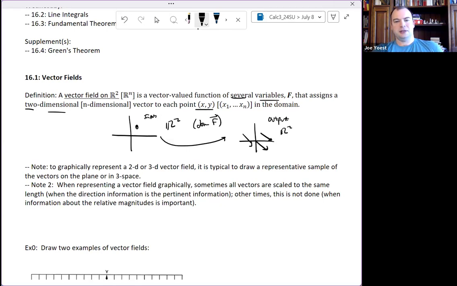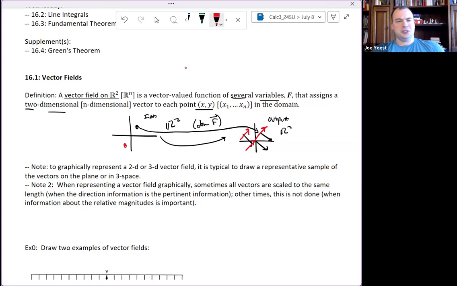So we could say this input maps to that output, a vector that looks like that over there, and maybe a different input, this red input, might map to an output that looks like this vector, which we could write here, or wherever we like, as long as it has the same direction and magnitude, it's the same vector.